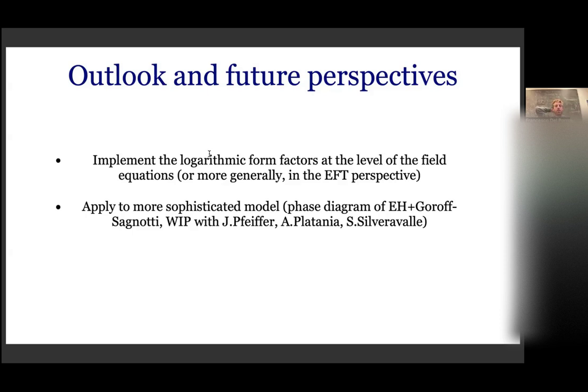So we took the Gorov-Sagnotti term as another operator to add to the action, because we know that Einstein-Hilbert plus Gorov-Sagnotti represents an action with only essential operators, a theory propagating just gravitons, without any more ghost degrees of freedom. And we are working with Jonas, Alessia, and Samuele in this direction. But this, again, would be tantamount to recomputing the phase diagram, not much to work on the FRG side, where the results are already known.